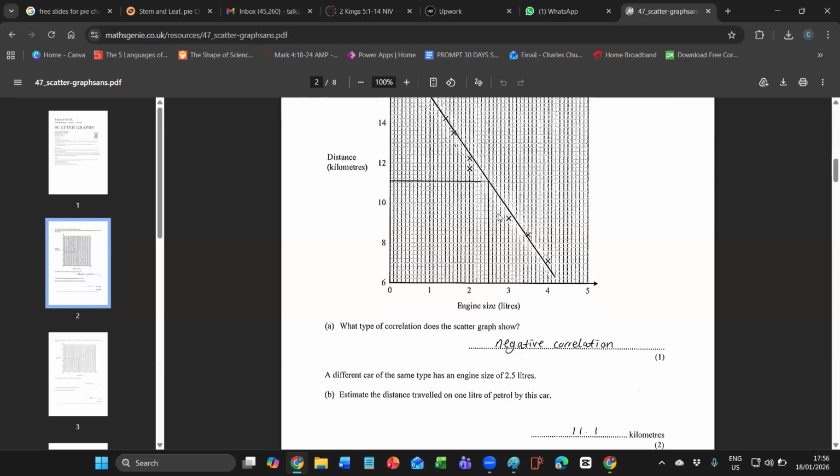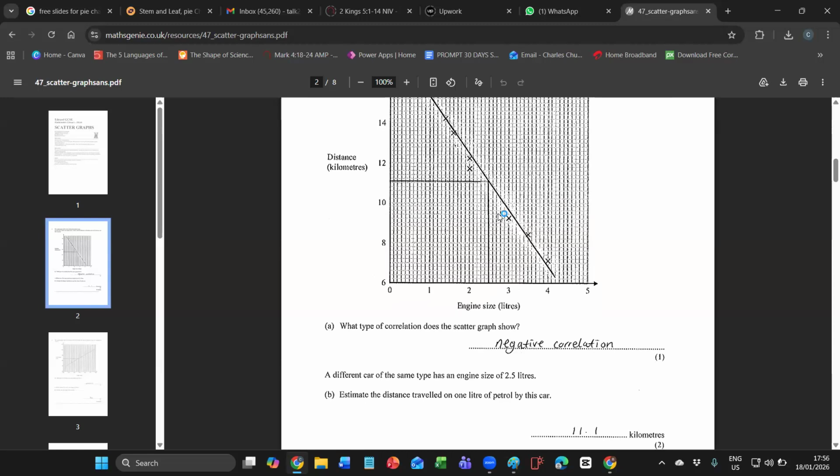A different car of the same type has an engine size of 2.5 liters. So that's the amount of petrol it can take. What's next? It says estimate the distance traveled on 1 liter of petrol by this car.